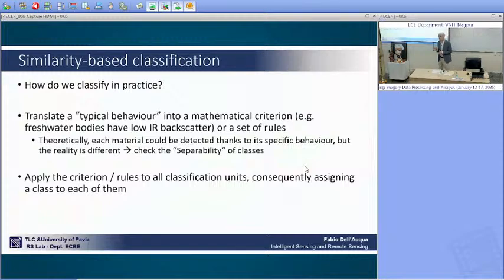For example, what I can do is compare that spectral response with spectral responses of known materials, of which I know the spectral response. And if something looks similar, then the one that looks the most similar, I will assign the corresponding class to the classification unit.